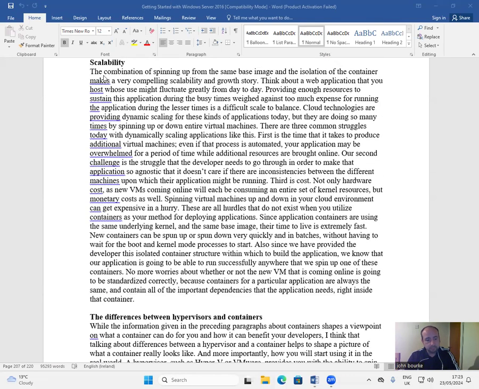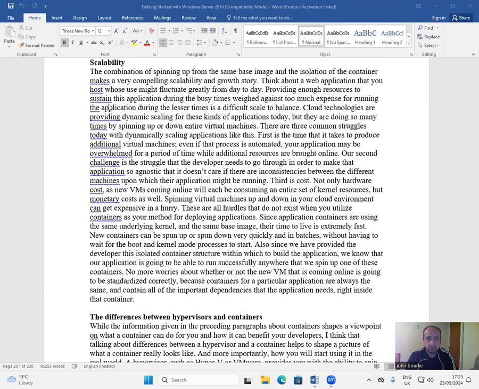Scalability. The combination of spinning up from the same base image and the isolation of the container makes a very compelling scalability and growth story. Think about a web application that you host whose use might fluctuate greatly from day to day.